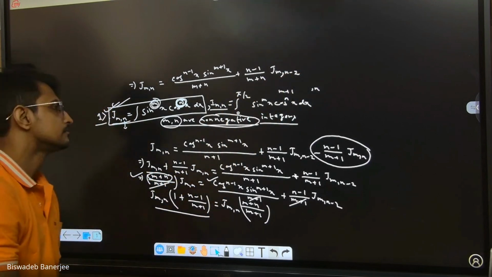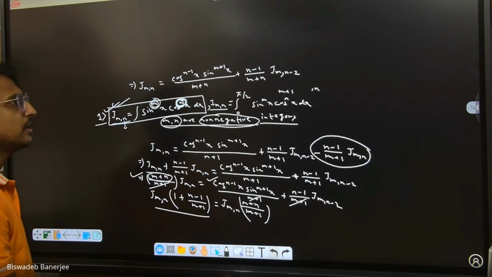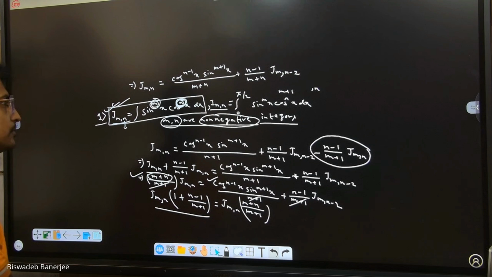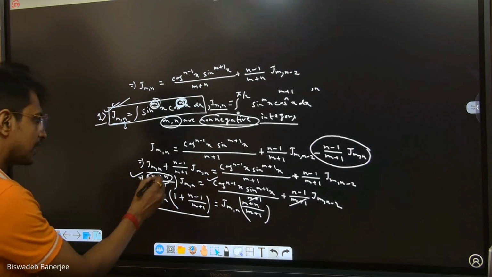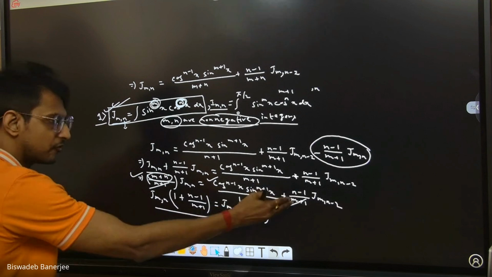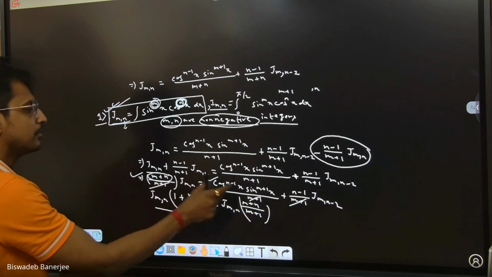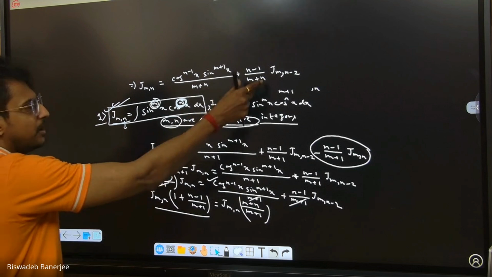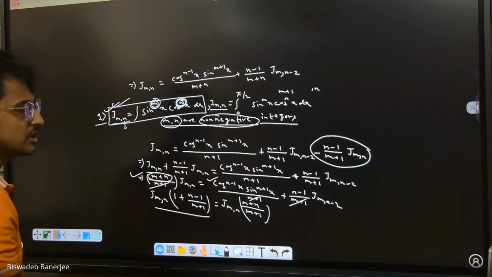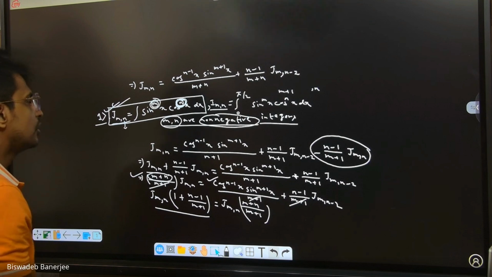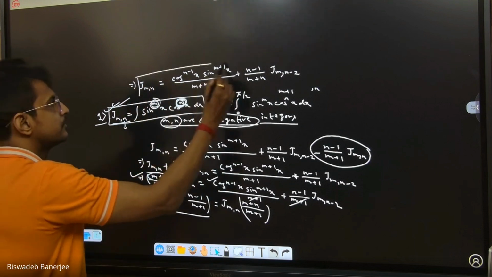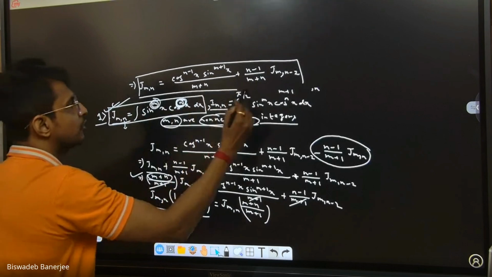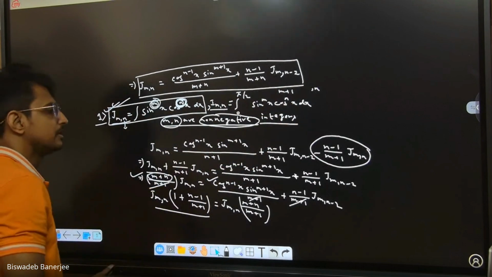The m plus 1 gets cancelled from both sides. This is my formula for Jmn. So this is called my reduction formula for Jmn.